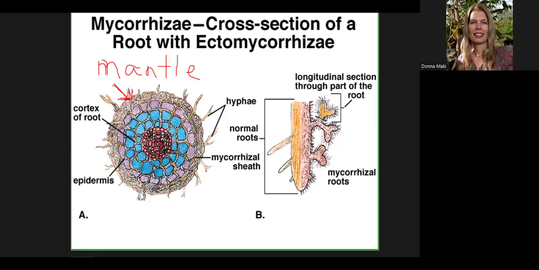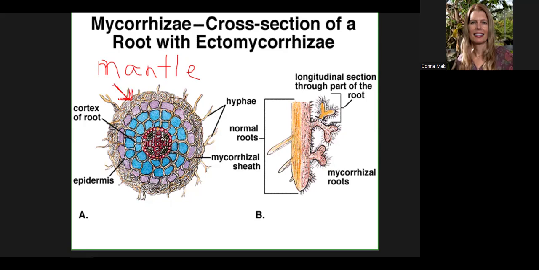If you look at a root in longitudinal section, this is very common, not 100%, but it's very common that when a root gets colonized by ectomycorrhizal fungi, the root changes its morphology. Instead of having just straight roots, some of the smaller roots like this, which are normally straight, will actually divide into a Y pattern. It looks like the letter Y. And that's some kind of communication going on between the fungus and the root.